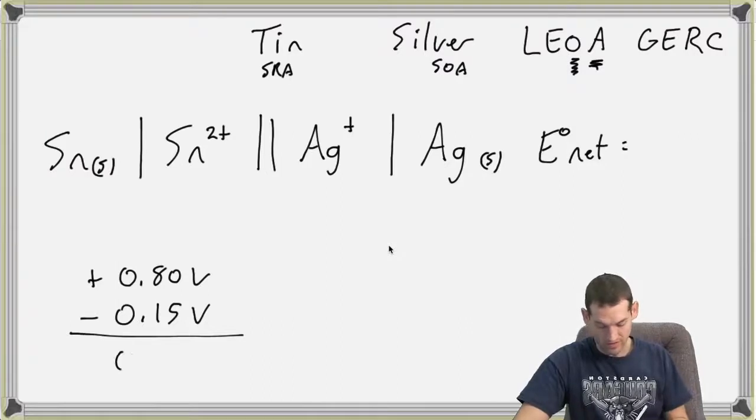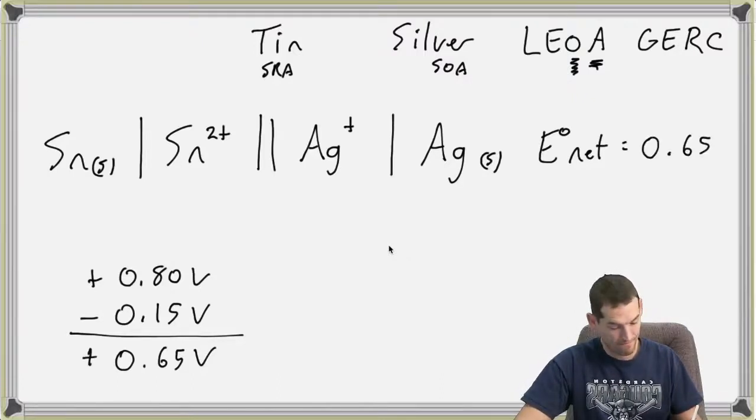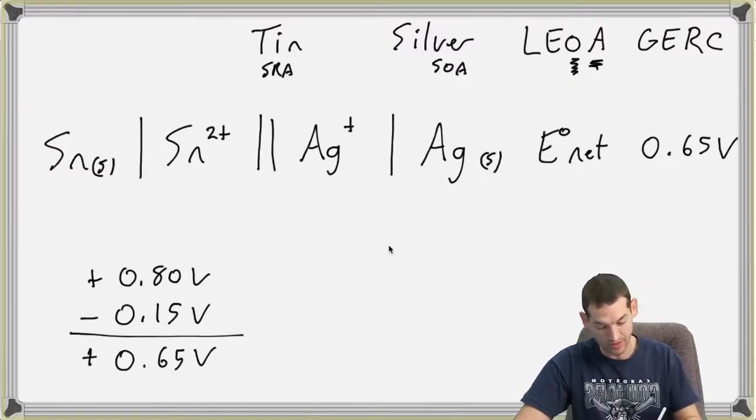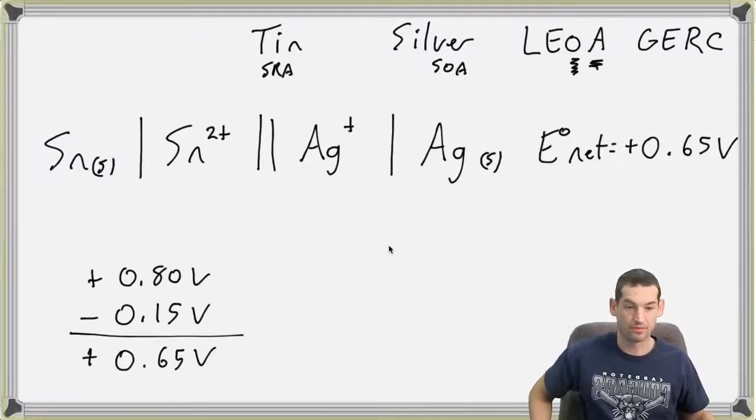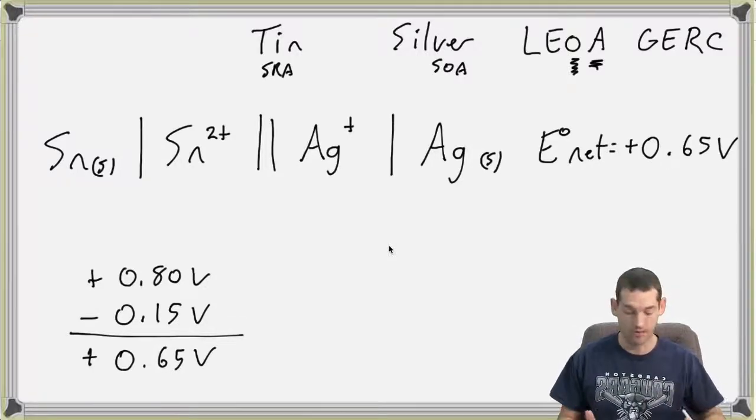That gives us 0.65 volts, if I'm doing my math right. We should put a positive there to show that properly: positive 0.65 volts. Hopefully that makes sense. If you have any questions, let me know. But that's the basics of cell notation.